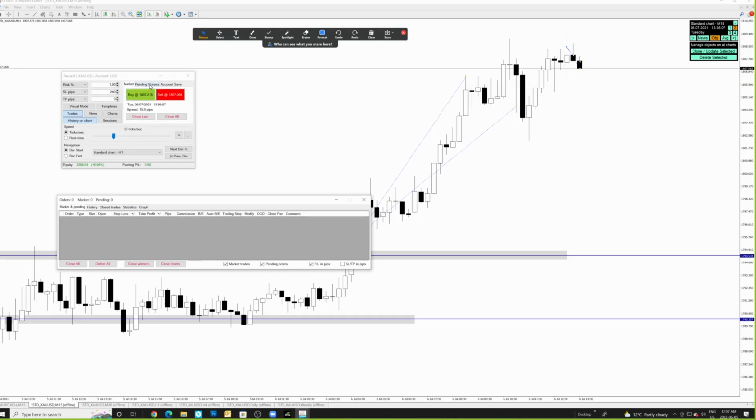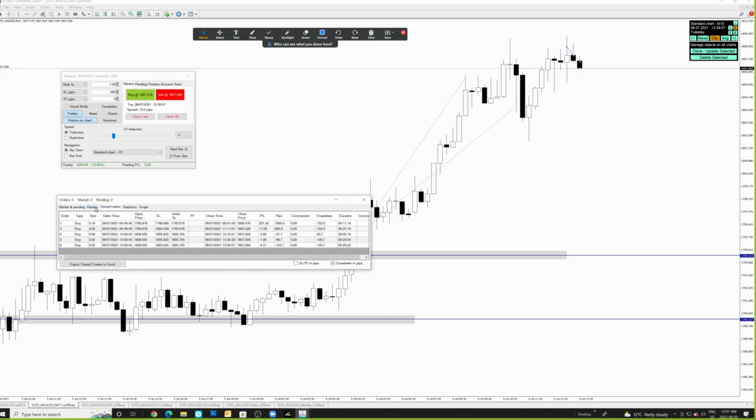And so if we take a look at this trade now, we lost about 143 pips. Oh, these are pips.